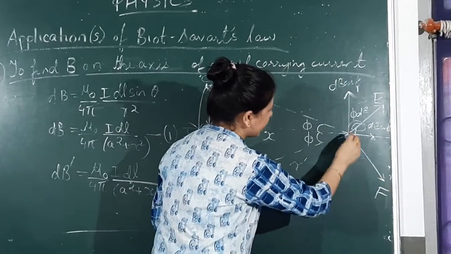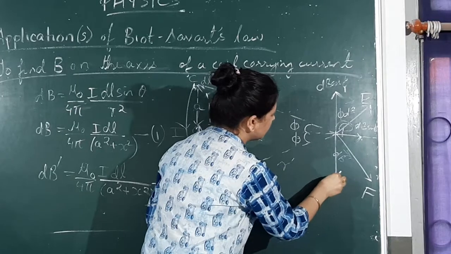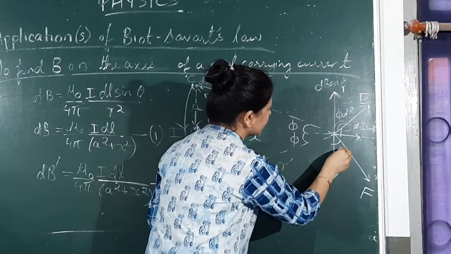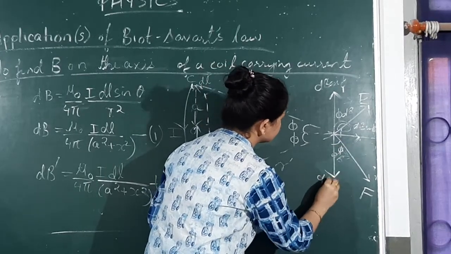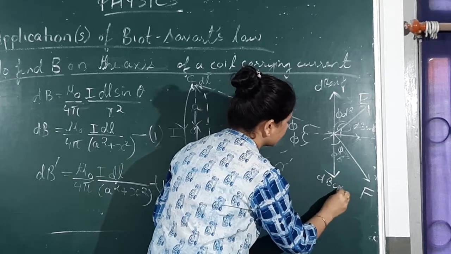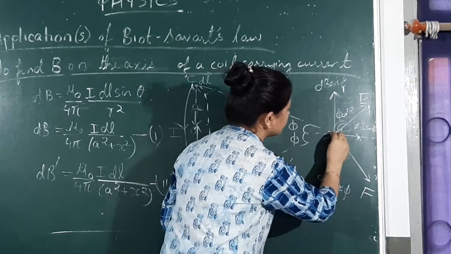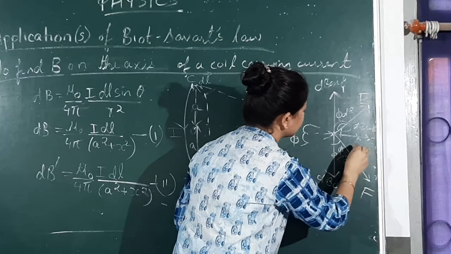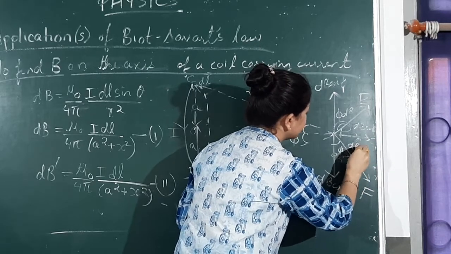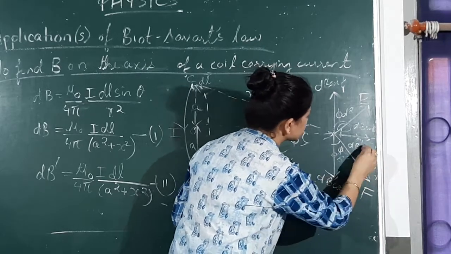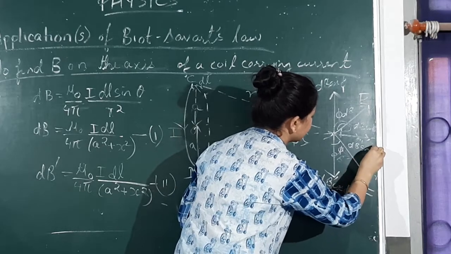And for dB dash, one component will be this one, because this angle is also equal to phi. So this is named dB cos phi, and the other one will be overlapping on this one. So this is dB dash sin phi.